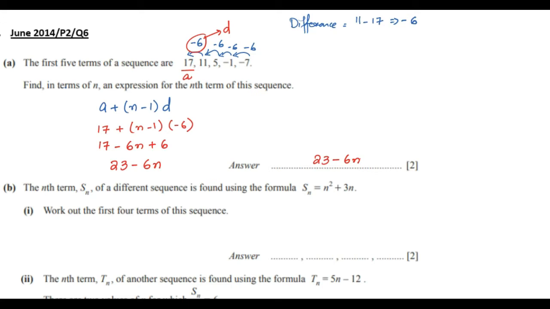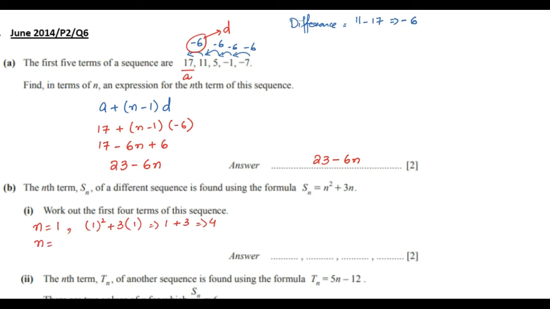If we substitute n as 1, it will be 1 square plus 3 times 1, so 1 plus 3, which is equal to 4.